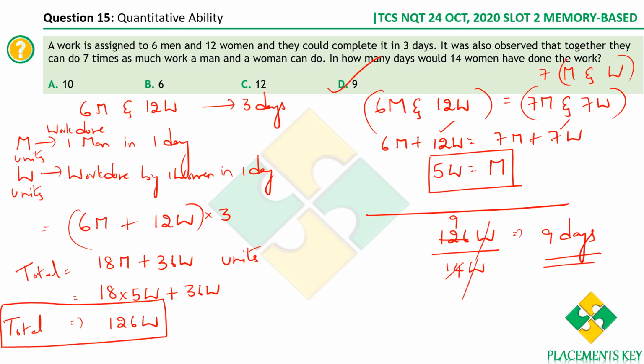Then we substitute the same thing in the total work so that you get everything in terms of women's work. Now we know that 14 women are working, so one woman can do W units in a day, so 14 women can do 14W units in a day. So we divide to get the number of days they take to finish the total work of 126W units.